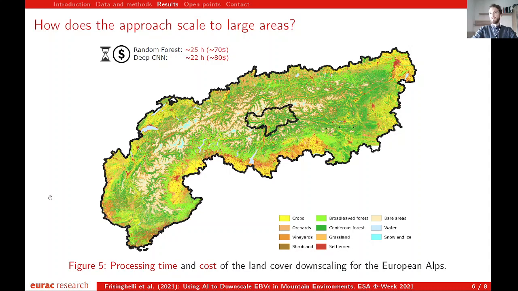As you can see, we are able to classify the land cover of the entire European Alps at 30-meter resolution using automatically generated training data within approximately 1 day of computation time and a cost of around $70 to $80. Currently, we are producing these maps for the years 2015 to 2020 to assess the changes in the land cover and therefore also the changes in mountain ecosystems.